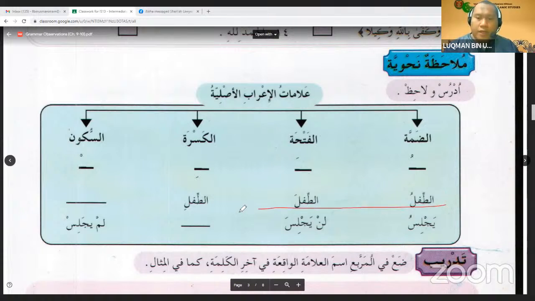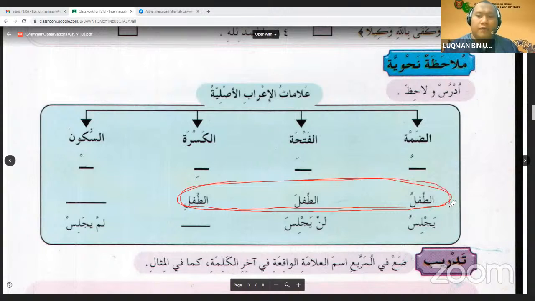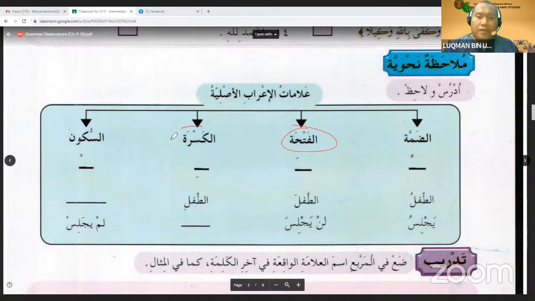So here, the first line is our ism. These are nouns. So nouns can only end in 3 signs. First is dhamma, then fatha, then kasra. A noun will never end with a sukun. The second group of words are verbs.